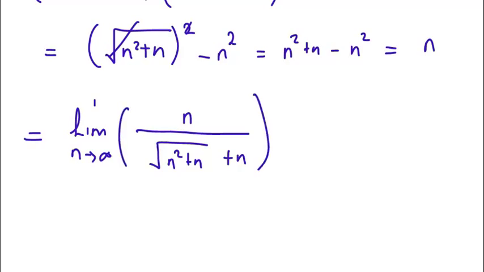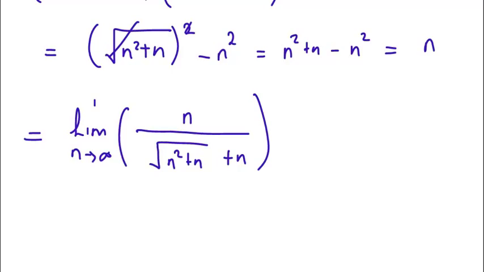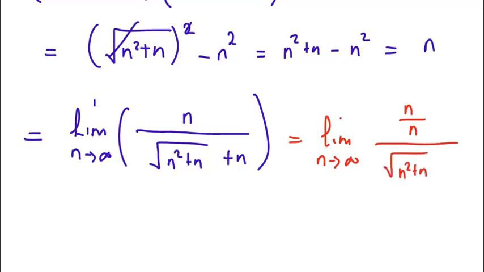Then the next question is, what should we do from here? So we can divide the numerator and the denominator by n, and this will be same as limit as n is approaching infinity. Up here we have n divided by n, then divided by here we have the square root of n squared plus n whole divided by n.